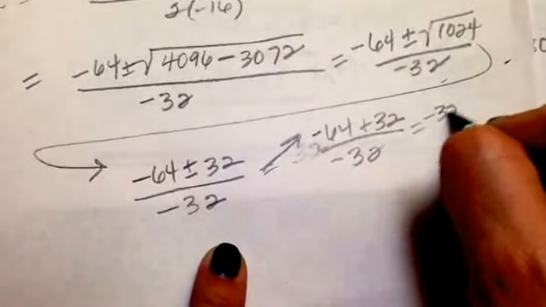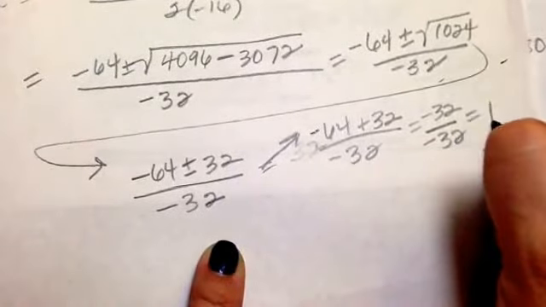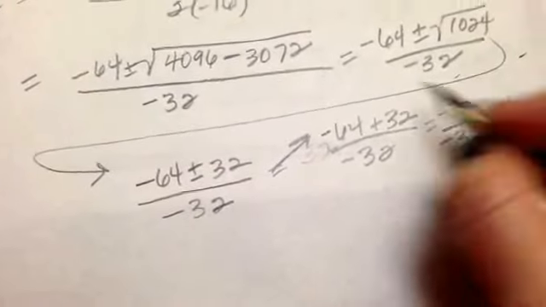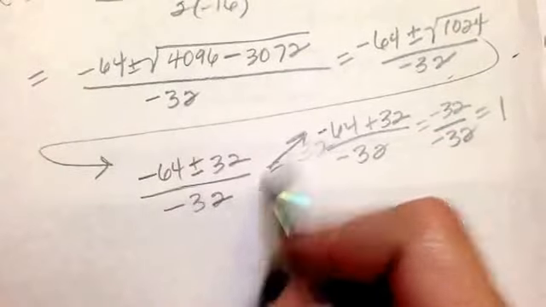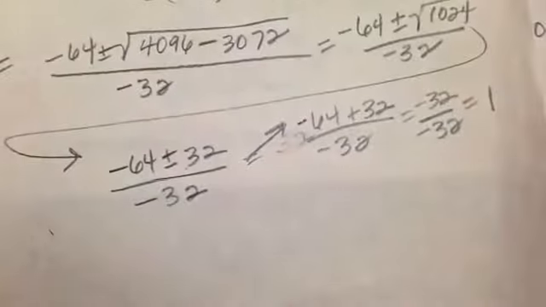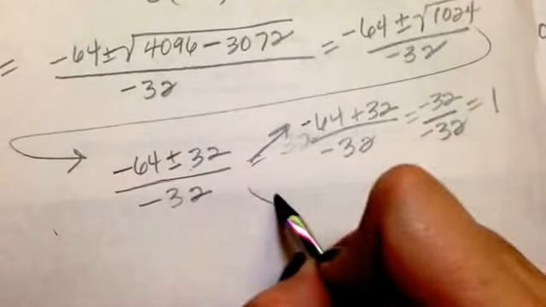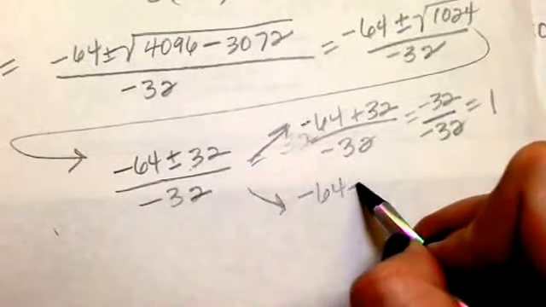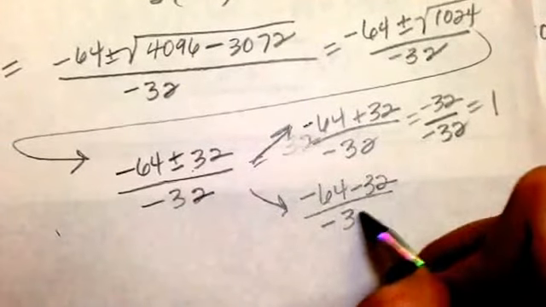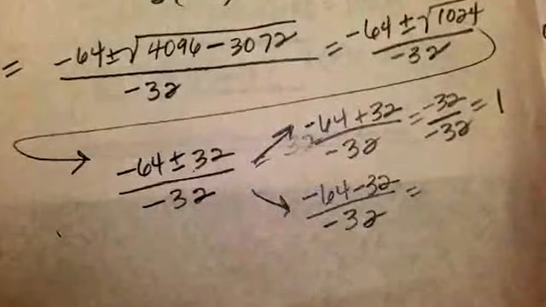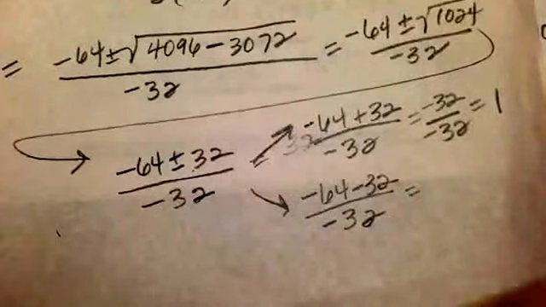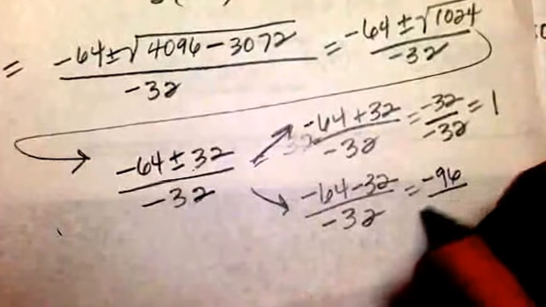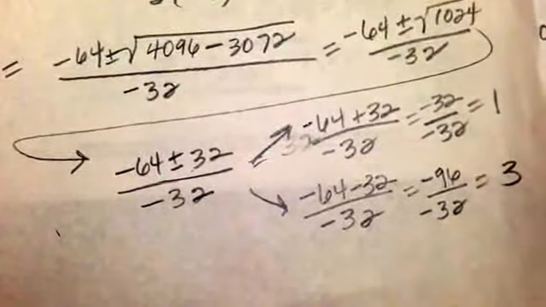That's going to be negative 32 over negative 32, or 1. So what that's saying is that at 1 second, this rocket will be at 128 feet. I'm going to go the other side. Negative 64 minus 32 is going to be negative 96 over negative 32, which I believe is 3.